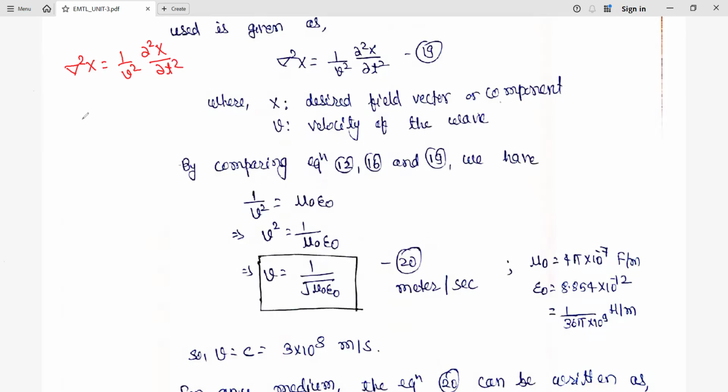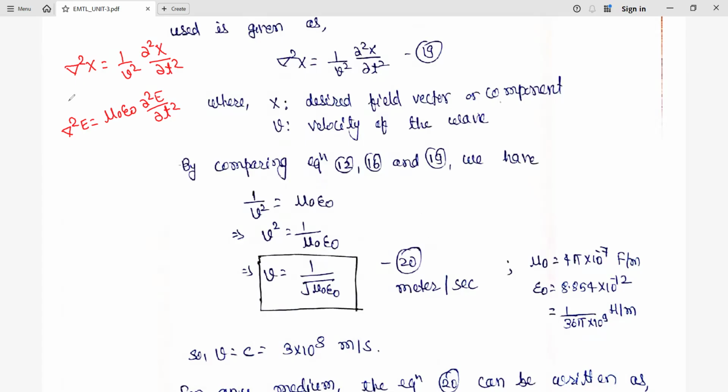Now if we compare this with our wave equation in case of perfect dielectrics, suppose for example in case of electric field we are writing del square E equal to mu naught epsilon naught dou square E by dou T square.